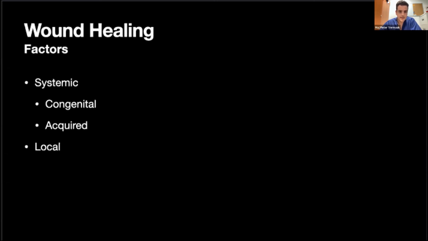And then if you look at the local factors that are important, they will be things like: is there any infection? Has the tissue been irradiated? What's the blood supply like to the area? Has there been trauma? And importantly, what is the neural supply? Do they have sensation? Because we know that with people that don't have sensation in limbs, they have delayed healing.